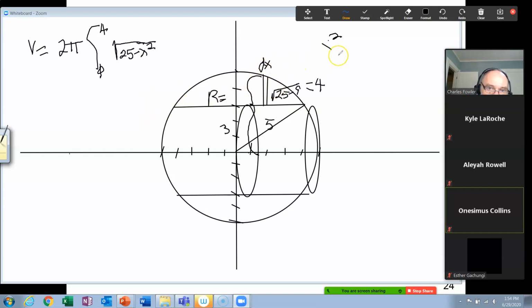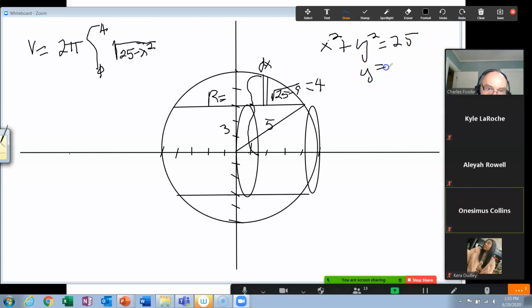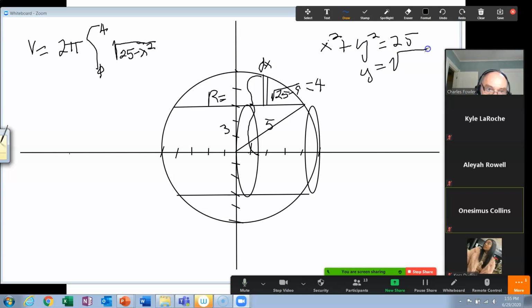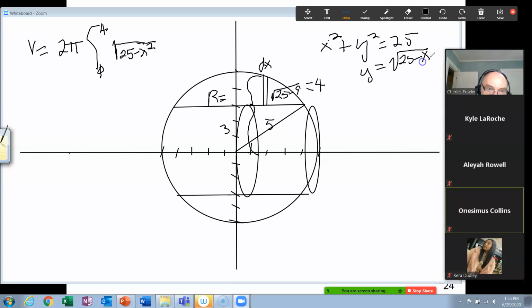Okay, that is x squared plus y squared is equal to 25. And we want the y value, which would be y is equal to the square root of 25 minus x squared.